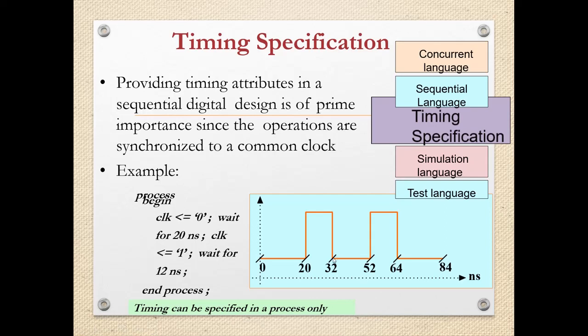Now how did this 32 come? First 20 nanoseconds 0 and then next 12 nanoseconds logic 1. So totally 20 plus 12 is 32, and this timing is taken with respect to the starting point, that is 0 nanosecond. So the timing attribute is provided, which is the essential thing for the sequential digital design.